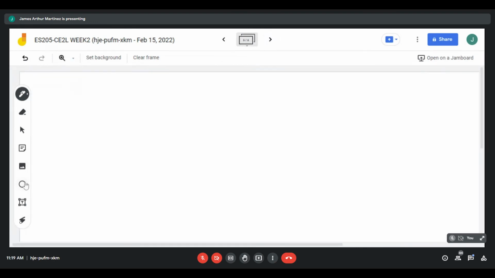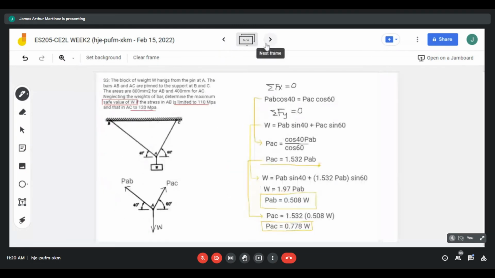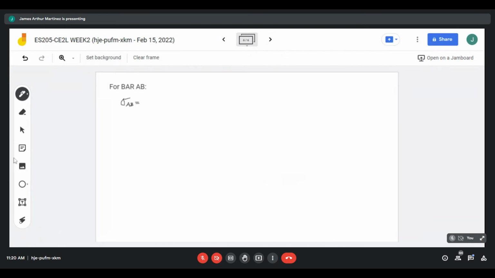For AB, you have the stress limit for AB equal now to 110 megapascal.